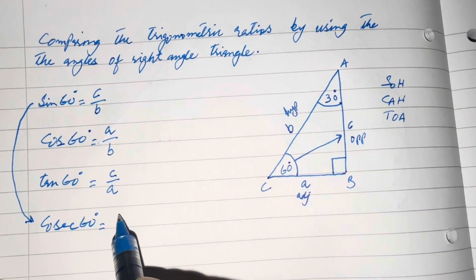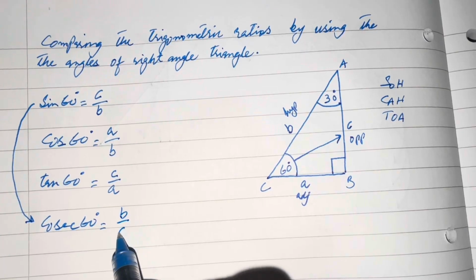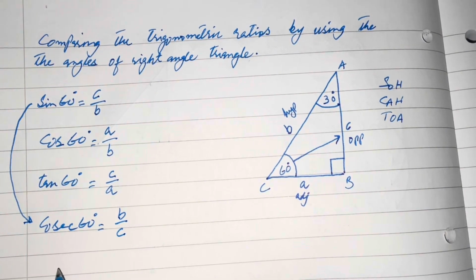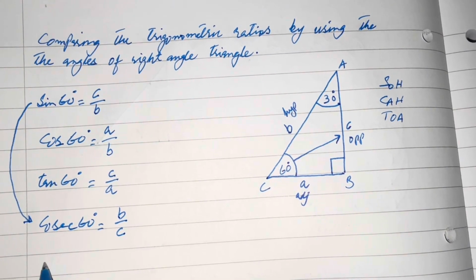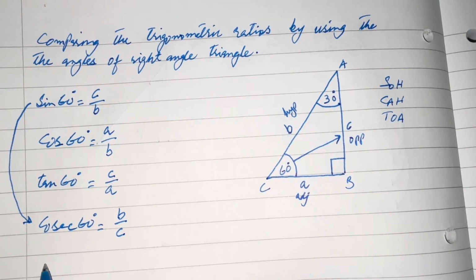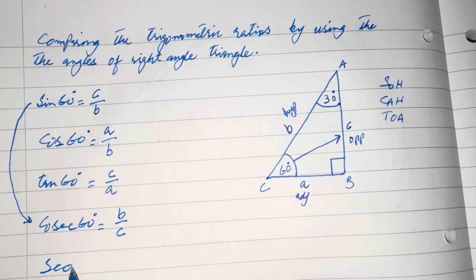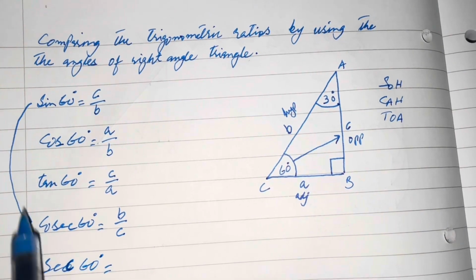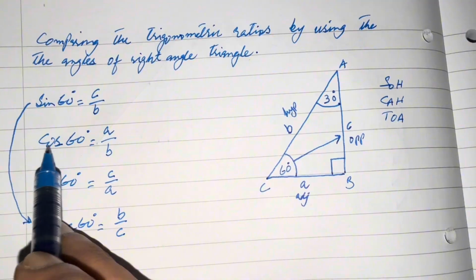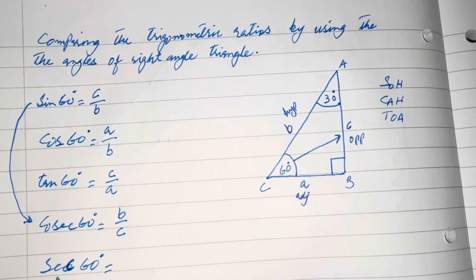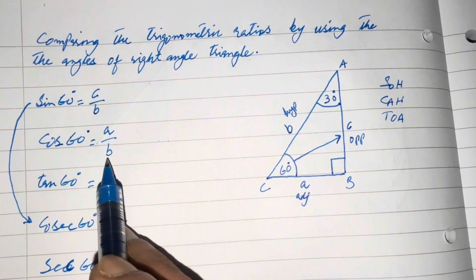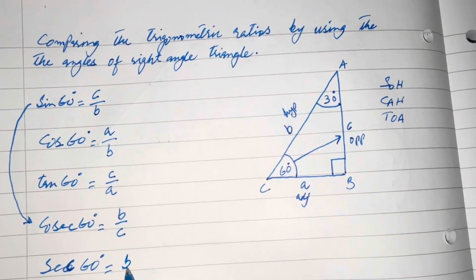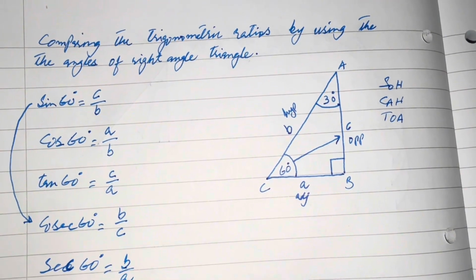Then the secant: the secant is the opposite of cos, so cos 60 is a over b, and secant 60 will be equal to b over a.